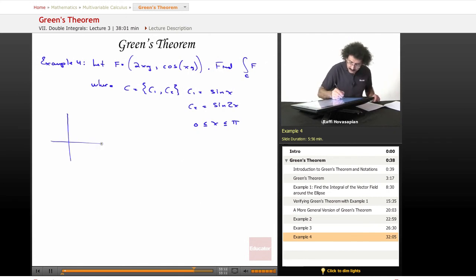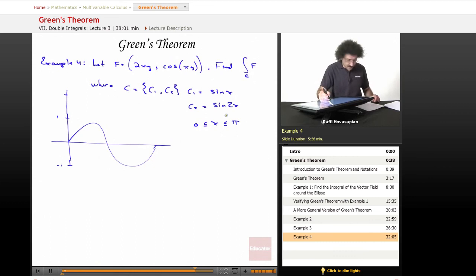So we have the sine function, y equals sine x. This is 1 and negative 1, right? Let me go ahead and draw a little bigger here. So 2 is here.